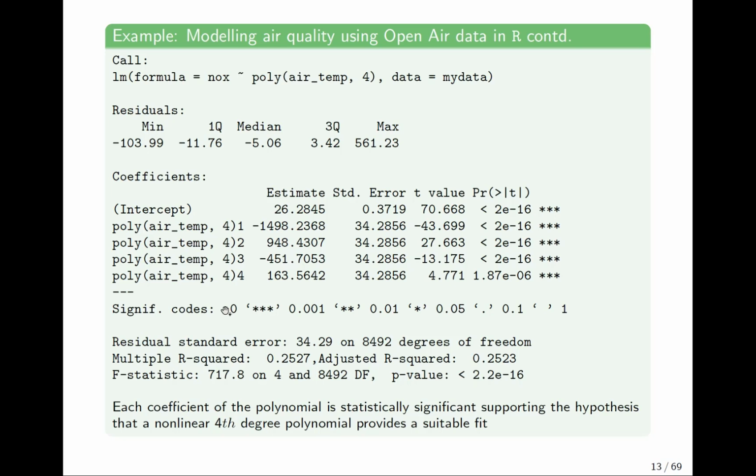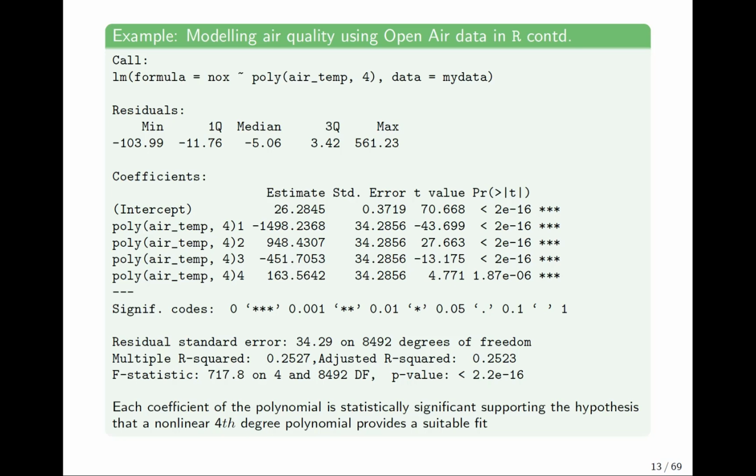Now each coefficient of the polynomial is statistically significant, as we can see here from the t-values and the p-values, supporting the hypothesis that a nonlinear fourth degree polynomial provides a suitable fit. But actually, when we interpret these results, these individual coefficients aren't of particular interest, because we're modelling a single independent variable. We're not interested in 4 independent variables.